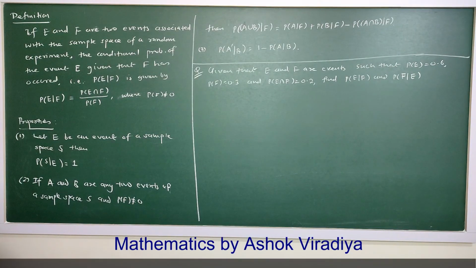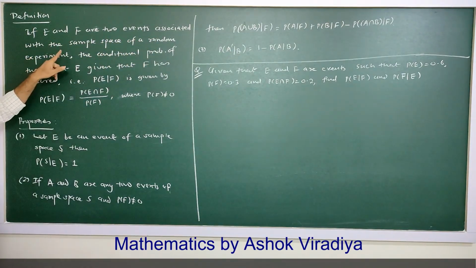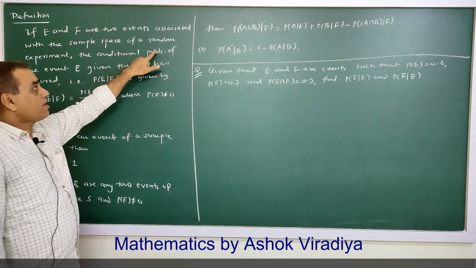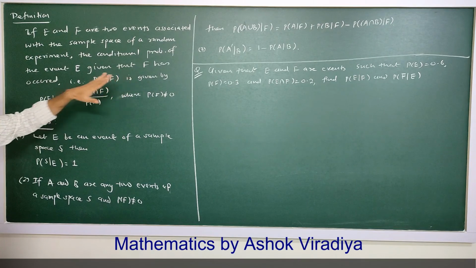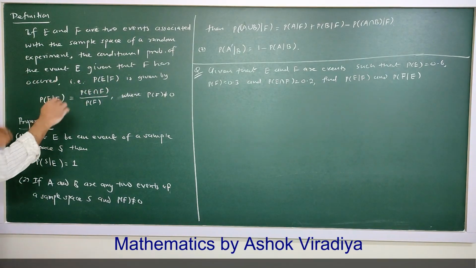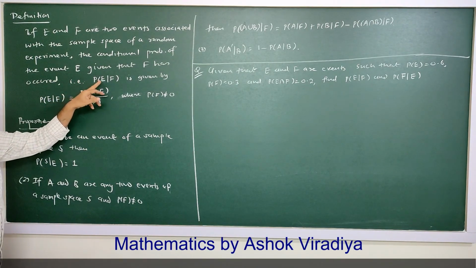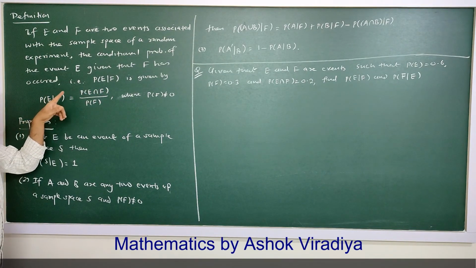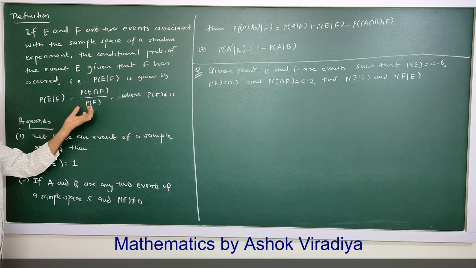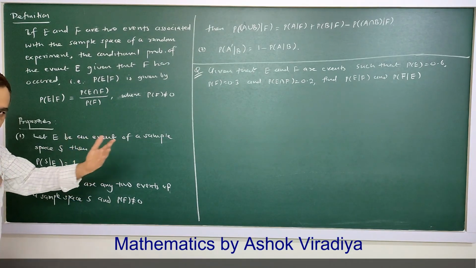Now results and definition. If E and F are two events associated with the sample space of a random experiment, the conditional probability of the event E given that F has occurred, that is probability of E by F, is given by P of E by F equals P of E intersection F upon P of F. P of F means probability of F. In short, I am saying P of.